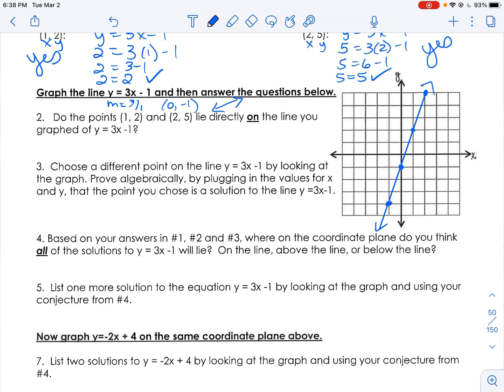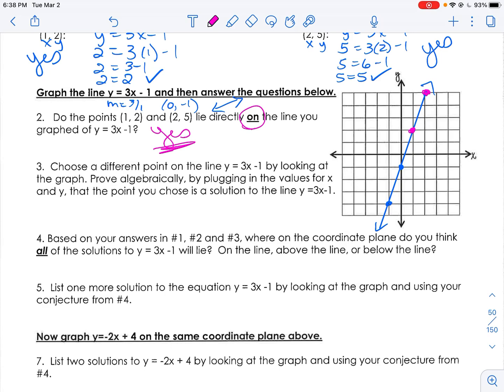Remember, lines have arrows on them. Then it says, do the points 1, 2, so I'm going to change the color, 1, 2, that point right there, and 2, 5, do they lie directly on the line that you graphed? Yes, they do. They are on that line.